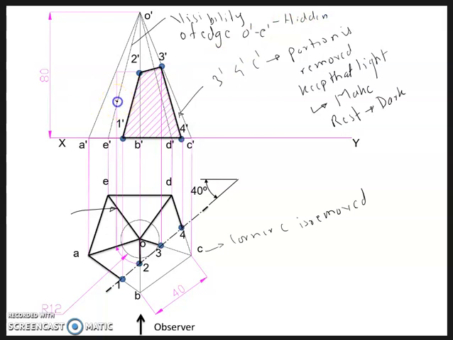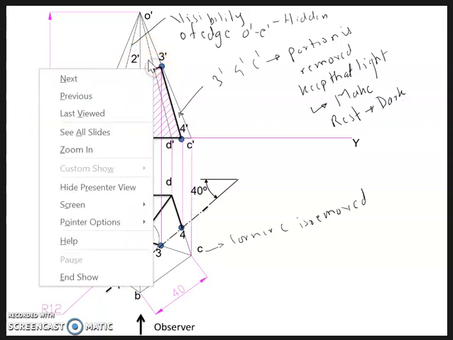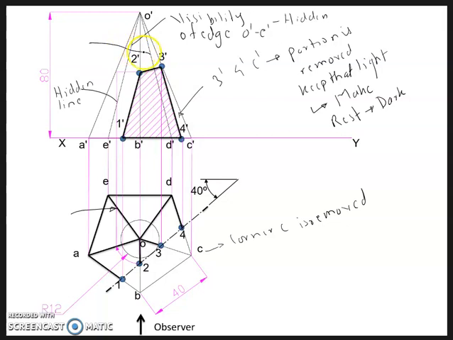So this will be a dotted line, hidden line. And this small portion which is lying outside of the section plane, you also show it by hidden line, dotted or hidden line.